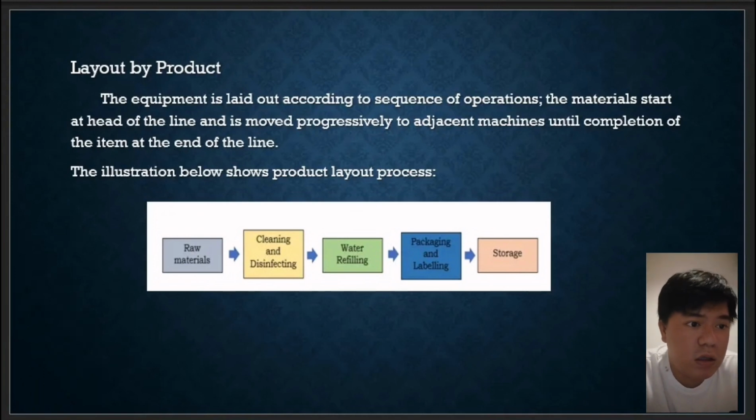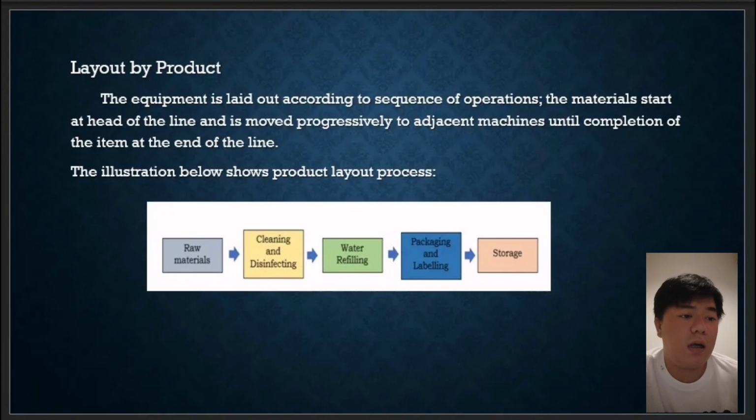So the illustration below shows the product layout. The process is: first, we have the raw materials, and the next one is cleaning and disinfecting.